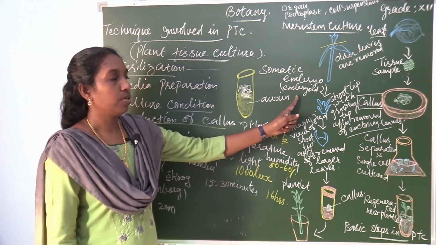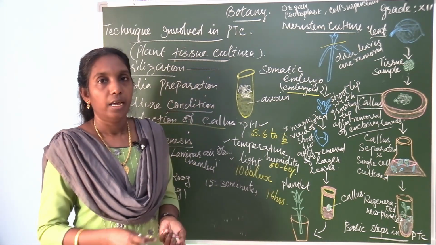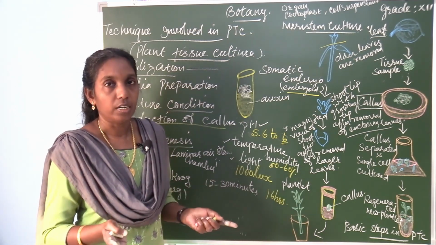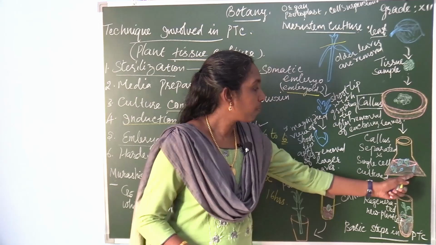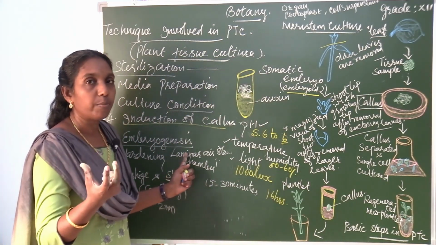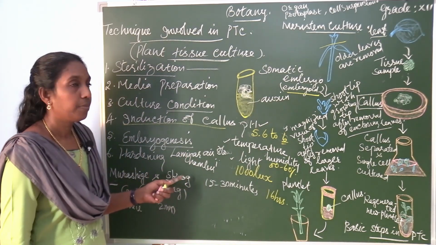The name of the embryo is embryoid because it's the somatic embryo. So here there is a formation of embryoid, embryogenesis. Development of somatic embryo is formed.